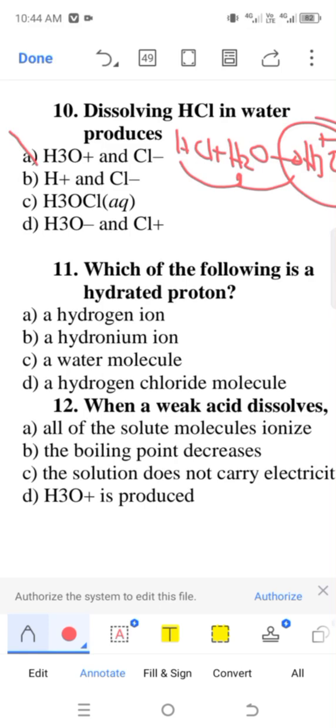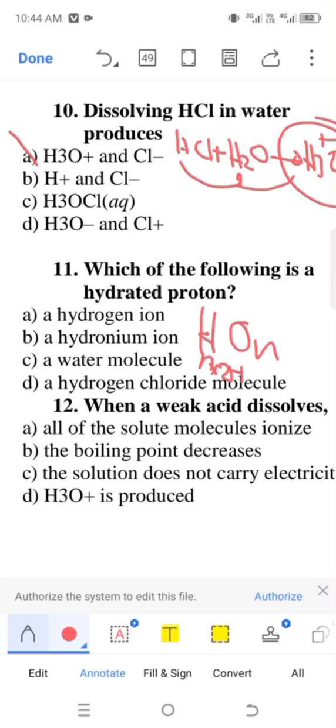Which of the following is a hydrated proton? A hydrated proton is any compound that has a structure of H, O, where if the number of O is n, then for hydrogen we multiply n by 2 and add 1. A hydrogen ion, no, of course.